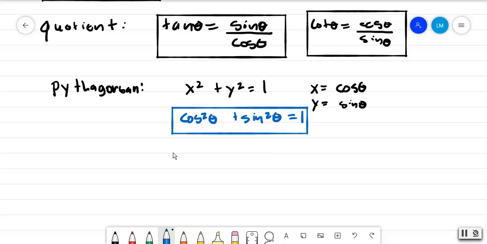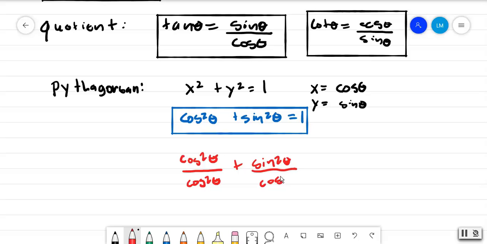Now, the other identity that you would use, for example, is this: let's say that we're already sure of this identity right here. If I divide this identity on both sides by cosine squared, I would have cosine squared theta divided by cosine squared theta plus sine squared theta divided by cosine squared theta equals 1 over cosine squared theta.